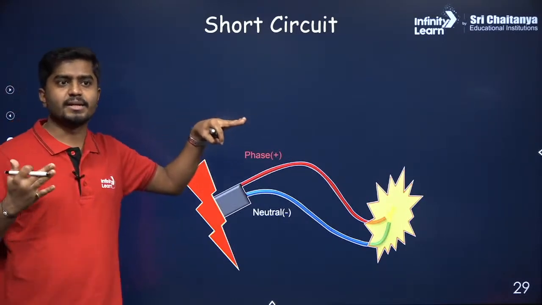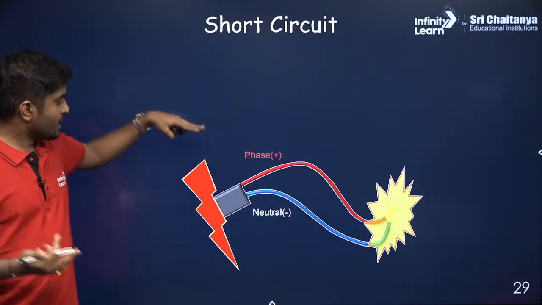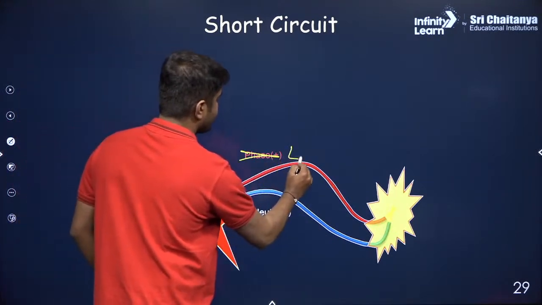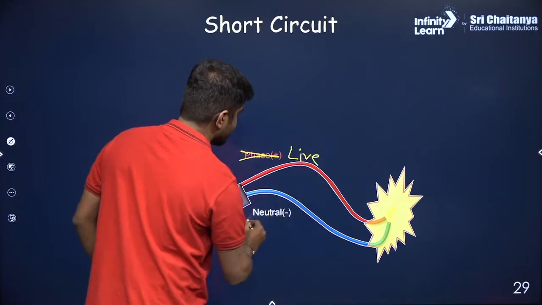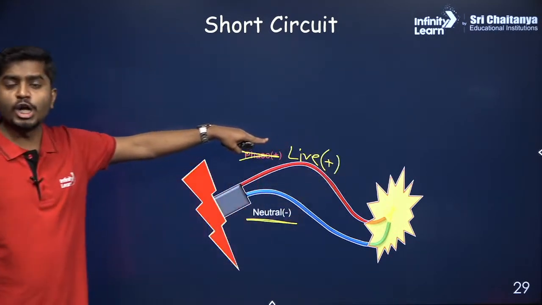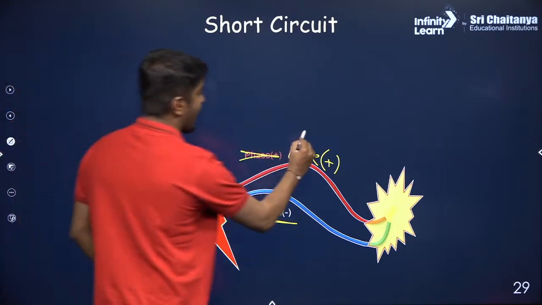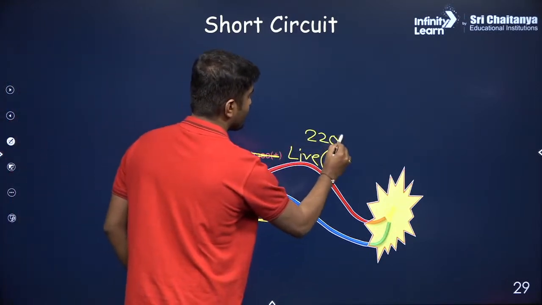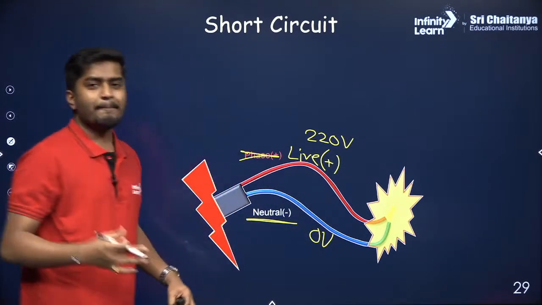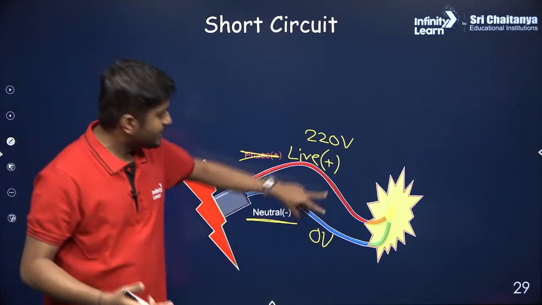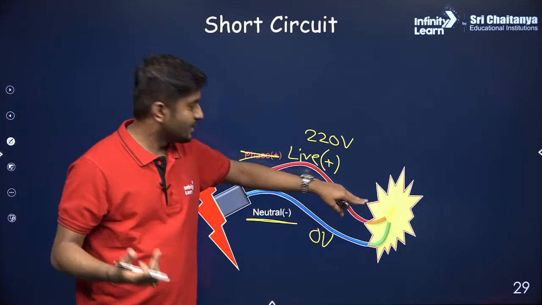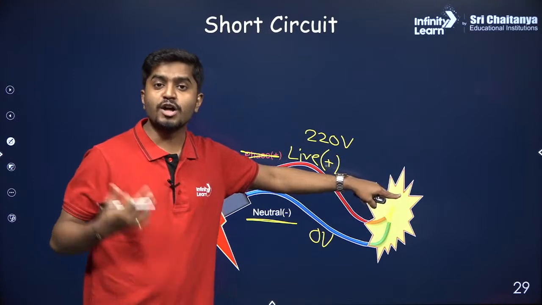So what is short circuit? Priyanka, you are asking, right? You see, this one is the live wire and this one is the neutral wire. The live wire always has the current and it is at 220 volts. This one is at 0 volt. Now somehow these two wires get connected. This is called a short circuit.